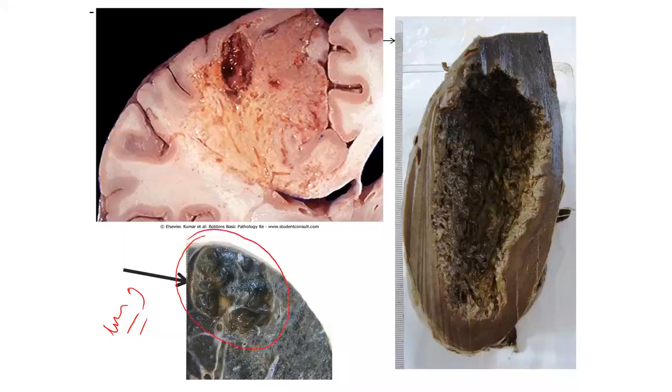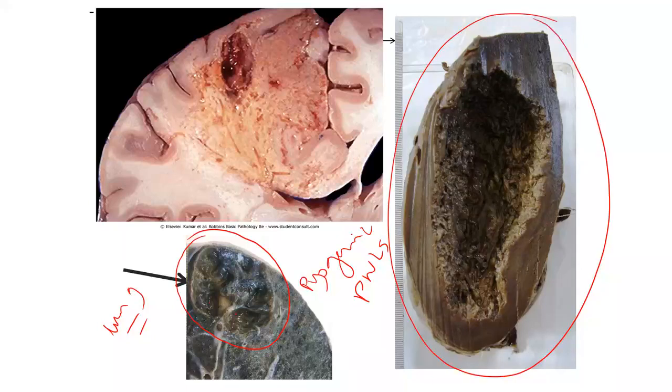These are examples of liquefactive type of necrosis. Here we have lung, and this lung shows a pyogenic abscess, a cavity in the lung that contains necrotic tissue and pus. This is a pyogenic abscess, and liquefaction occurred by the action of neutrophils.